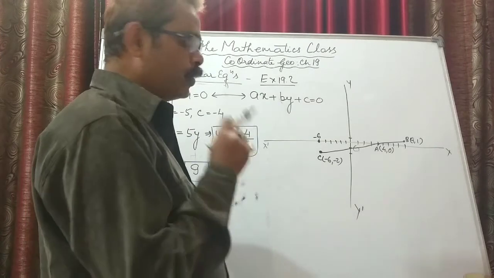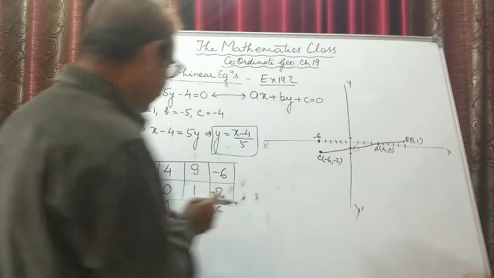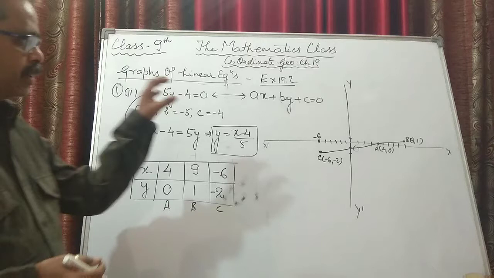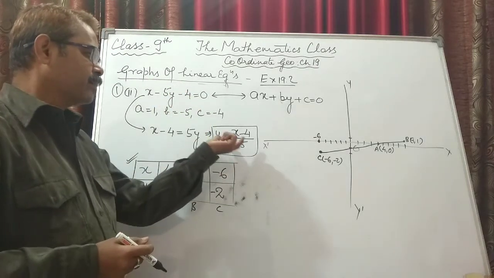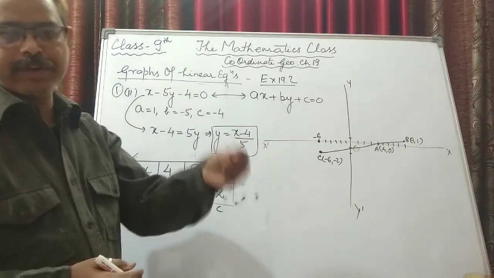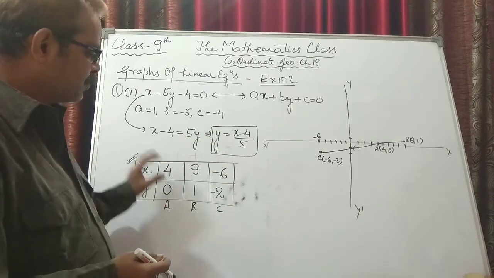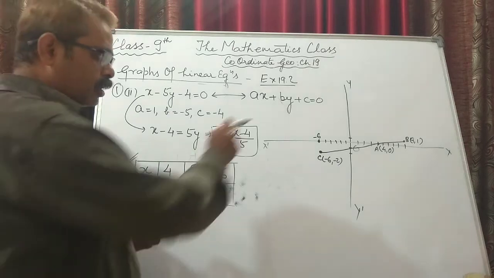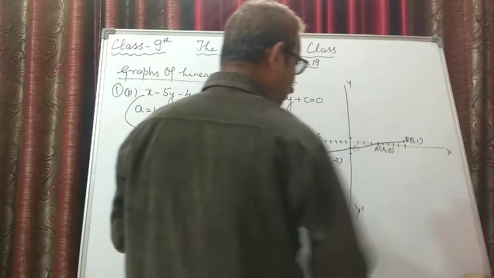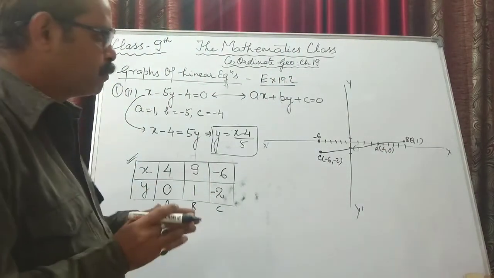So this is how we plot. What we do, we make the equation in the subject. With the help of the subject, we put different values of x, at least 3 values, and then we try to find out the points. We plot the points, we know how the points are plotted, and we join these points.